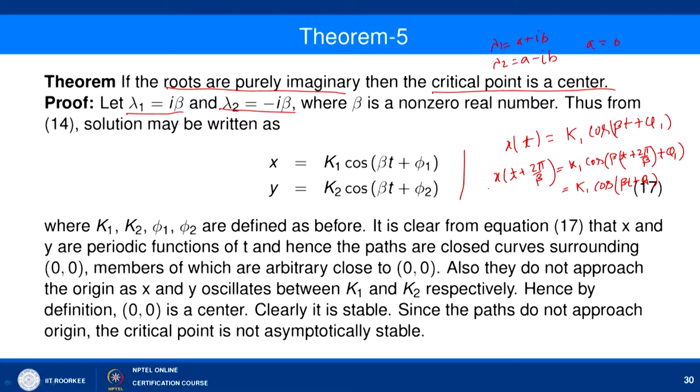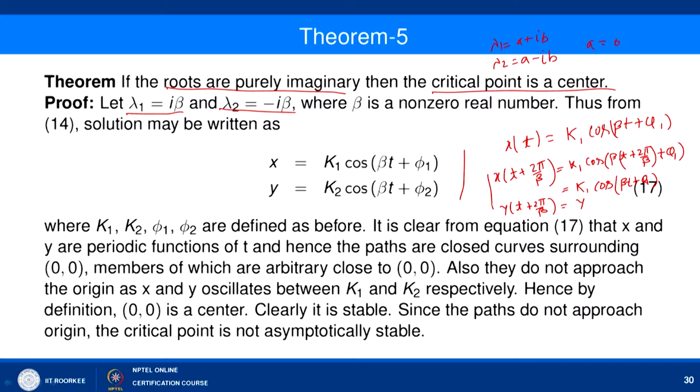Similarly, we can see that y of (t plus 2 pi by beta) is the same as y here. So, it means that 2 pi by beta is a number such that x of (t plus 2 pi by beta) is the same as x, and similarly y of (t plus 2 pi by beta) equal to y.